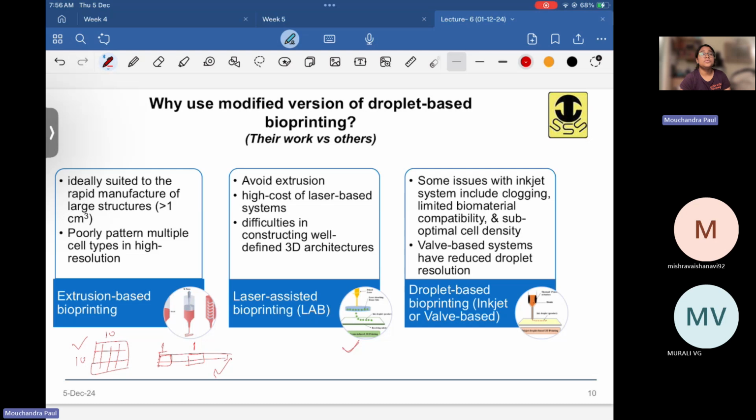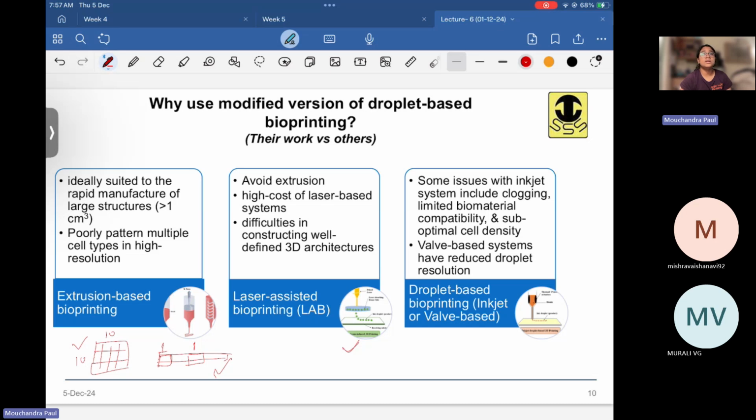Also, for researchers who are just starting to learn bioprinting, it's much easier and handier to learn extrusion because we have been extruding throughout our life, like when you use a toothpaste tube, right? You're extruding basically. Or when you use a honey bottle, or a ketchup bottle. So it is much easier for researchers to understand the mechanism of extrusion.